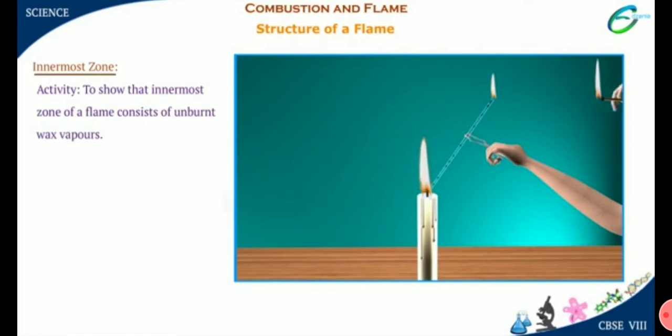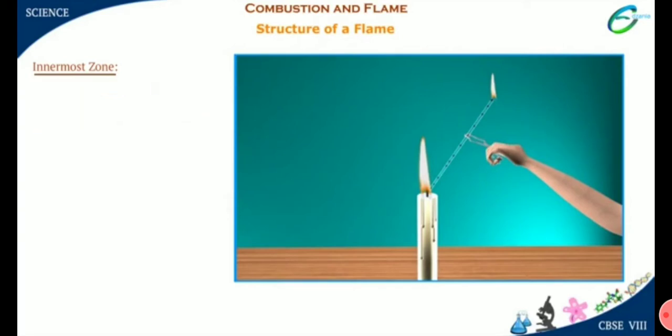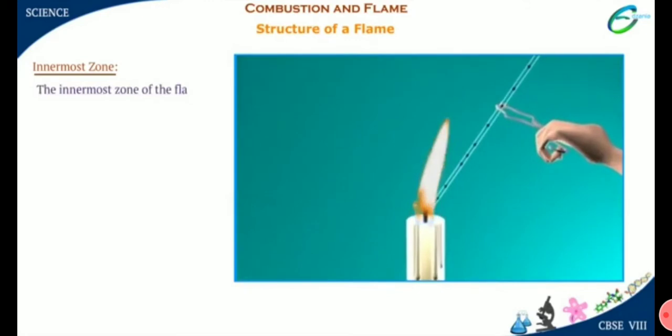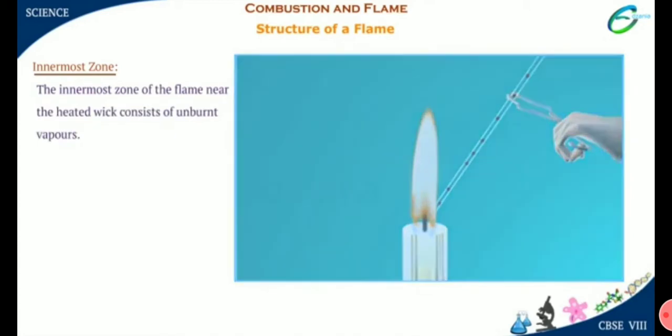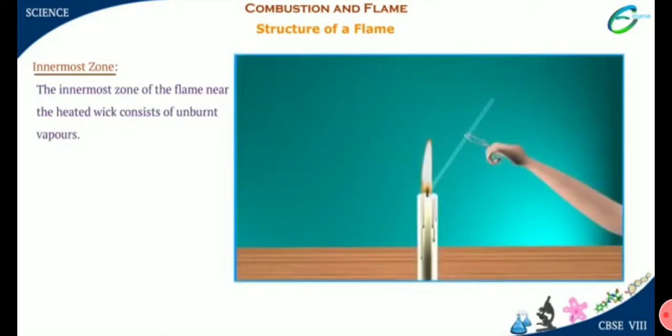What do you see? We see a flame at the end of the glass tube. The innermost zone of the flame near the heated wick consists of unburnt vapors. These wax vapors enter the glass tube and come out from the other end.